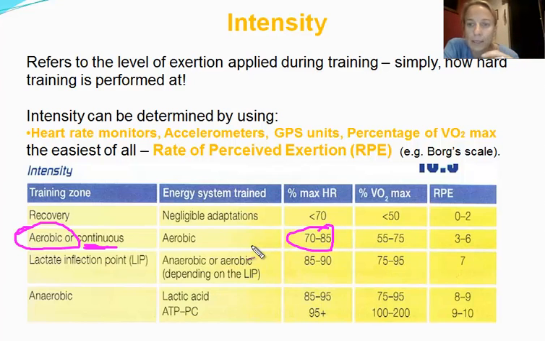That's really important, and that helps us structure our training program. If we are aiming to train the aerobic system, that's the intensity range that we need to stick to. If we're training above that, we're not training the aerobic system. We're using carbohydrates as the only fuel source. We're working the anaerobic energy systems.